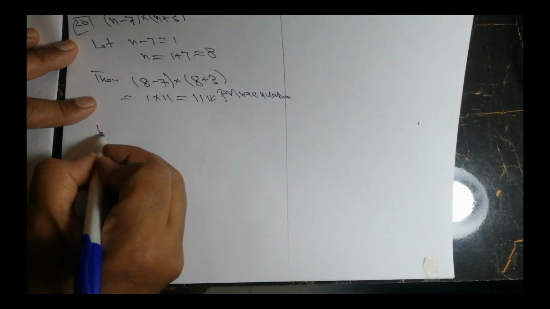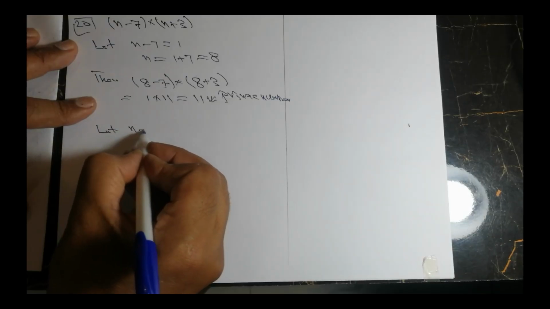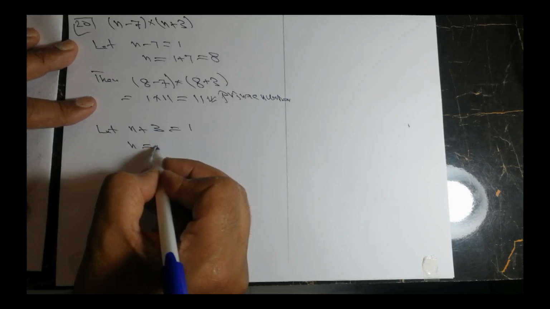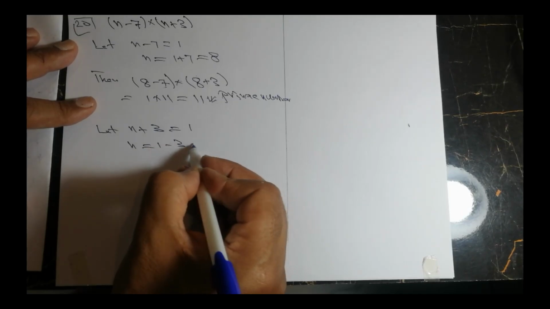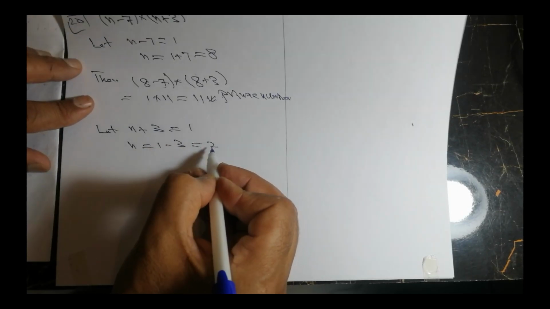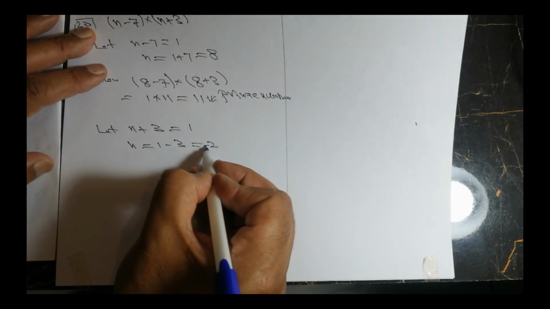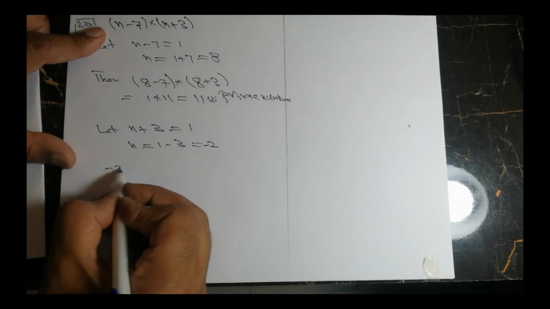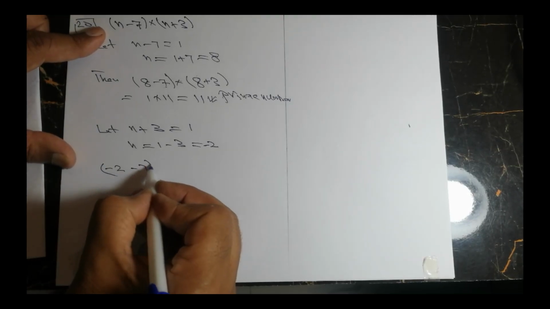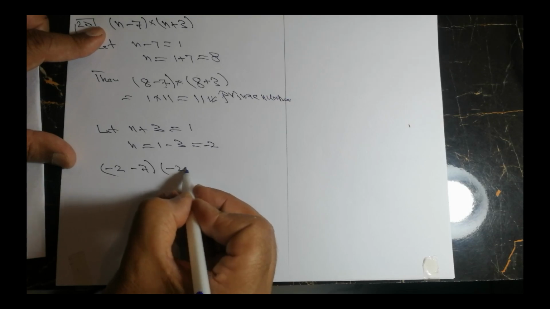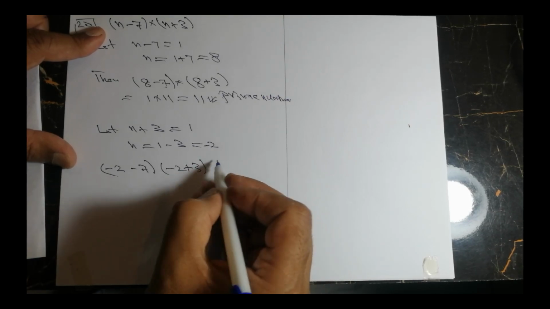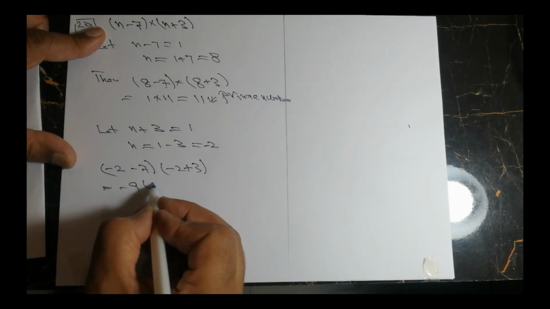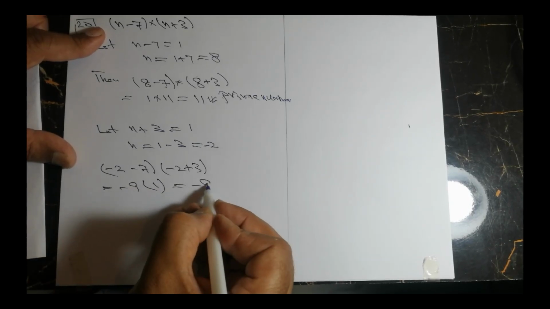Now let n plus 3 be equal to 1. n will be equal to 1 minus 3, equal to minus 2. Now if we put the value minus 2 here, minus 2 minus 7 and minus 2 plus 3 equals minus 9 into 1, which is negative.